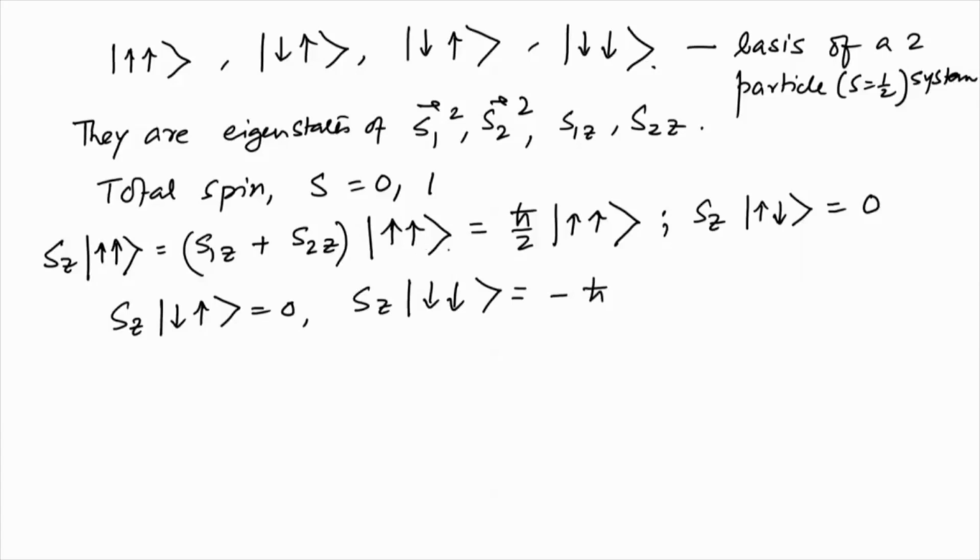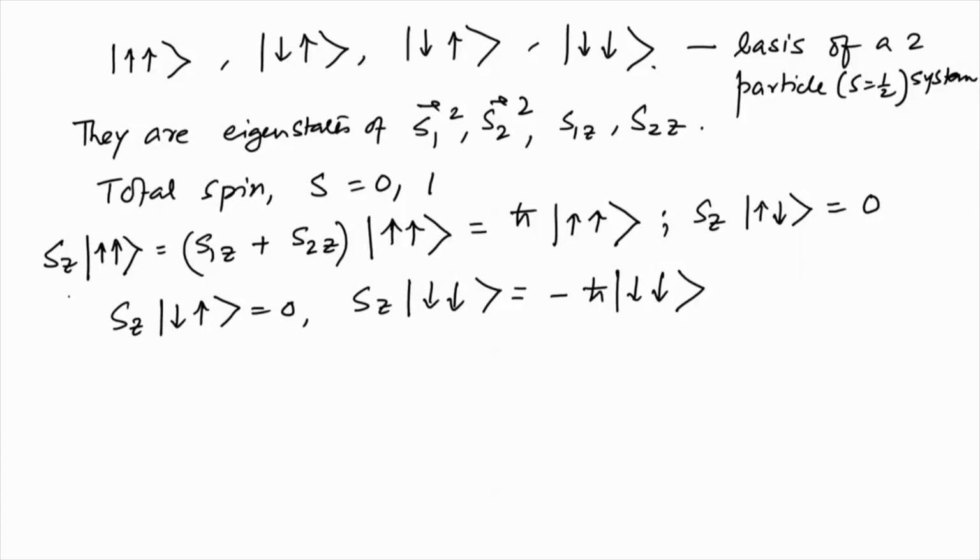Sorry, there is a minus ħ/2 for each, so there are two ħ/2s which make it ħ. So, Sz on down down will give me a minus ħ and so on. So, these are the eigenvalues of the Sz operator.